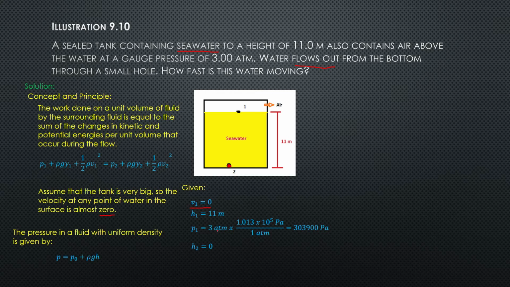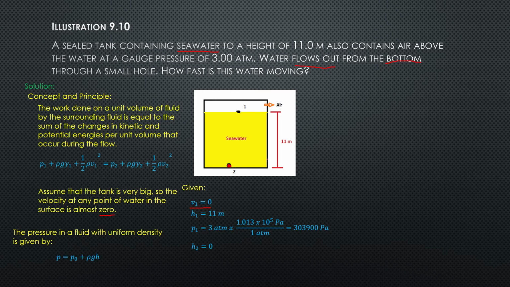Let us convert that to Pascal. So 1 atmosphere will be equal to 1.013 times 10 to the 5 Pascal. So that gives us 303,900 Pascal.